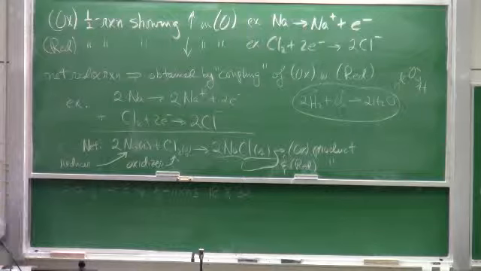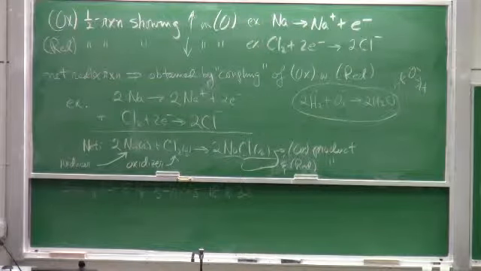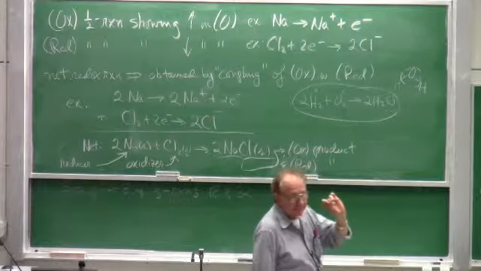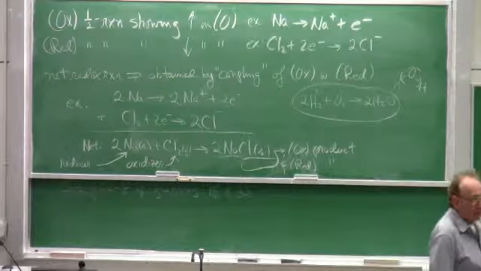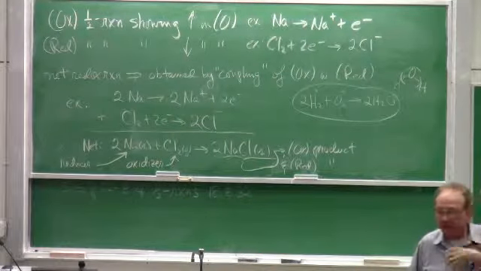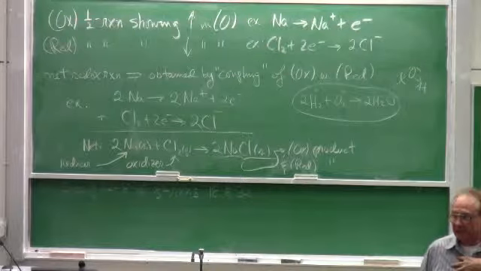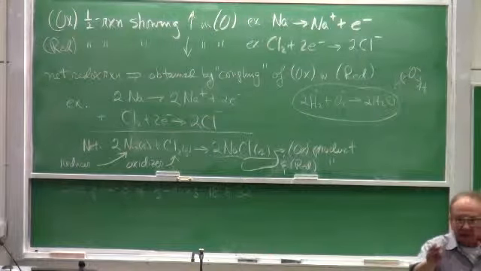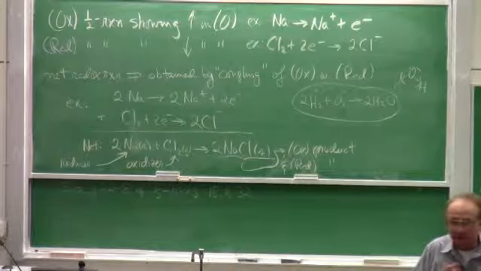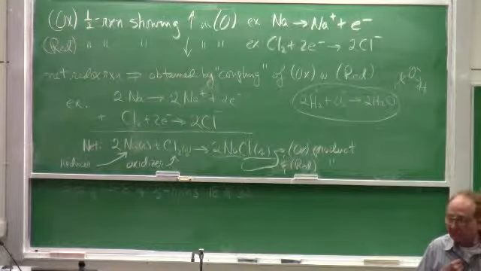This leads to more language. Language which again I asked you to learn about in 2045. The reactant components of a redox reaction are known as the reducer and the oxidizer respectively. The reducer, if I am the reducer, I'm going to react with something called an oxidizer and make my oxidation state increase. I'm the reducer.